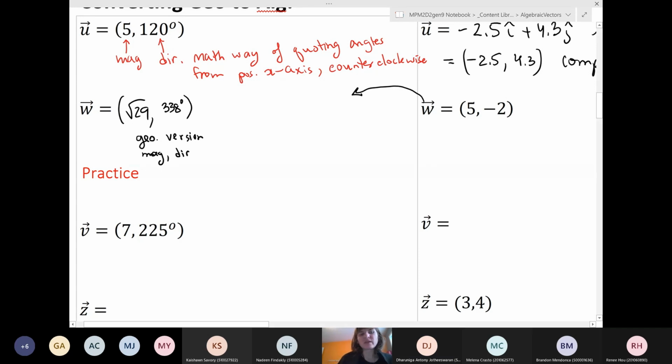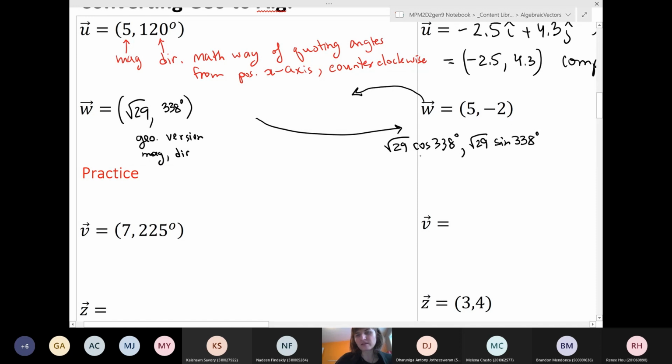So just to prove to you that going back and forth works the same way. If I wanted to go back again this way to get 5 and -2, watch this. You would type in square root of 29 and then cosine 338. You won't get it precisely 5 because this 338 is rounded, comma, and then type in root 29 and then sine of 338.